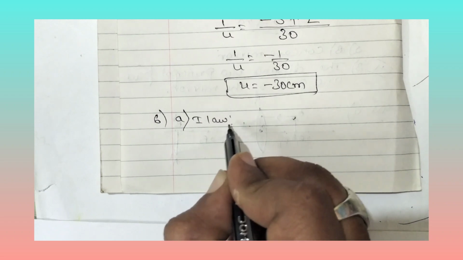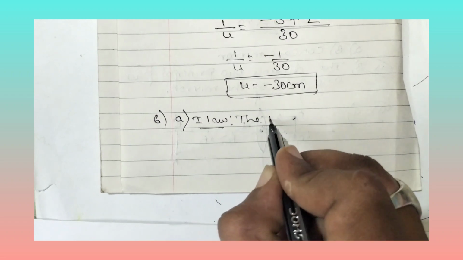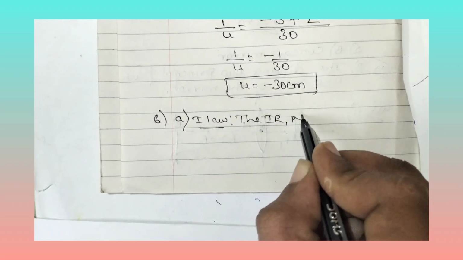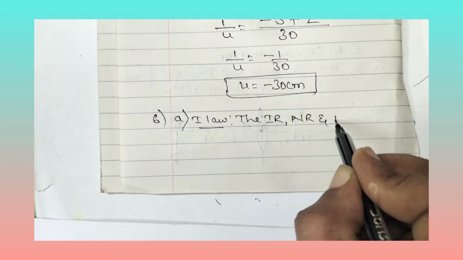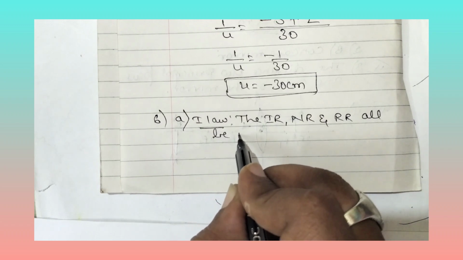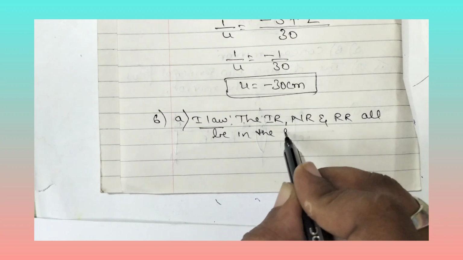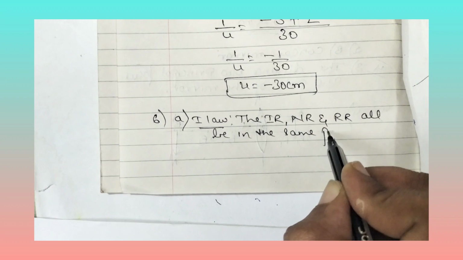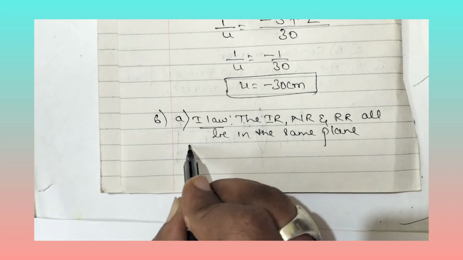Let us move for the first law. The incident ray, normal ray and refracted ray all lie in the same plane. This is first law.